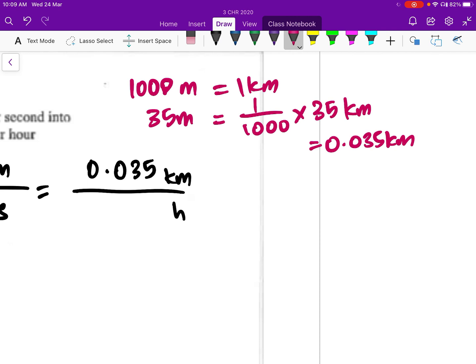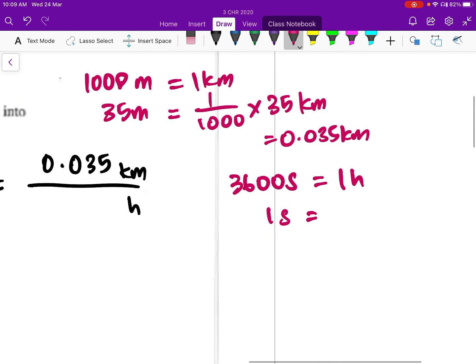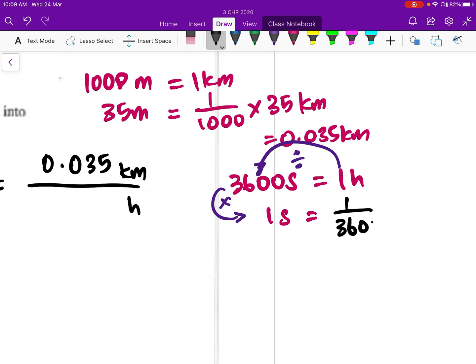Earlier on we said 3600 seconds equals 1 hour. Then 1 second equals how many hours? 1 over 3600 times 1. That is going to give us 0.000277777.